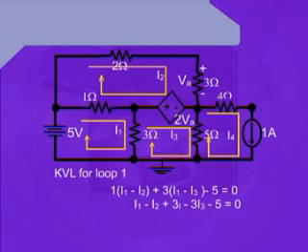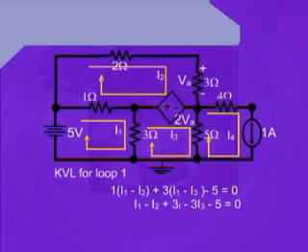After writing this, the next resistance is 3 ohms, therefore we write plus 3, and once again the 3 ohm resistance is being shared between loop number 1 and loop number 3, therefore we write I1 minus I3. Because we are concentrating upon loop number 1, we have written I1 at the first place and I3 is being subtracted from it. After writing this term as well, we reach the negative terminal of the 5-volt battery, therefore we write minus 5, and after that we write equals 0 because our loop has been completed.